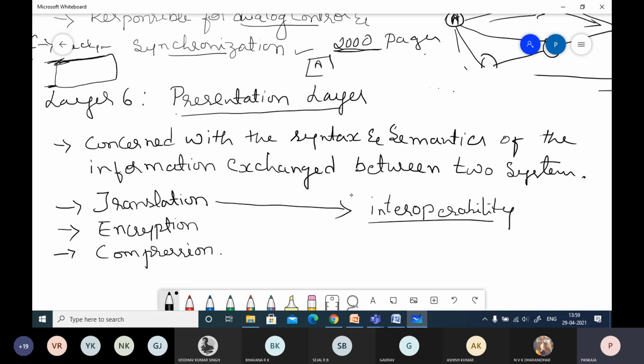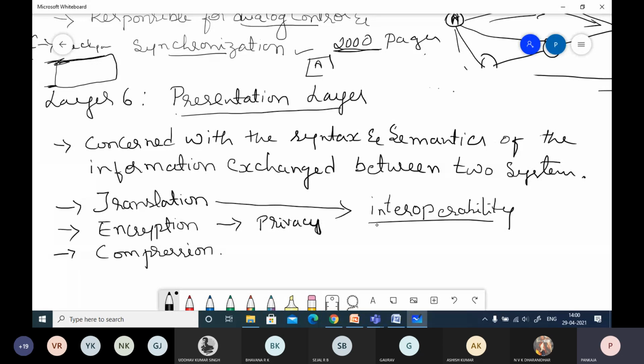Then encryption. What is encryption? This is just for ensuring privacy. Whenever data is carrying sensitive information, the intruder should not be able to read the data or information exchanged between two systems.